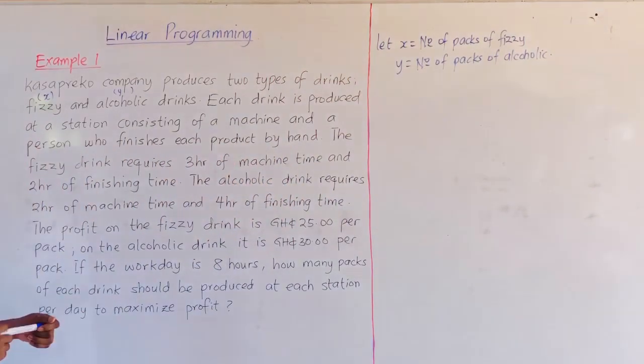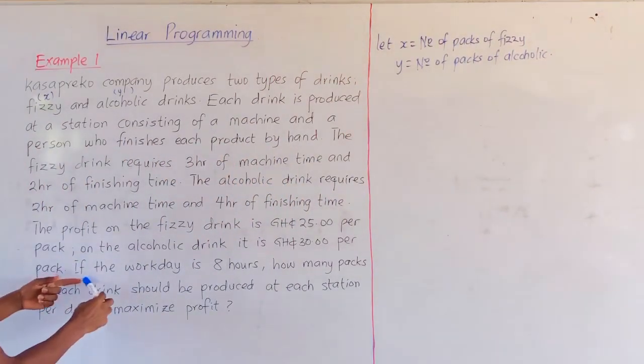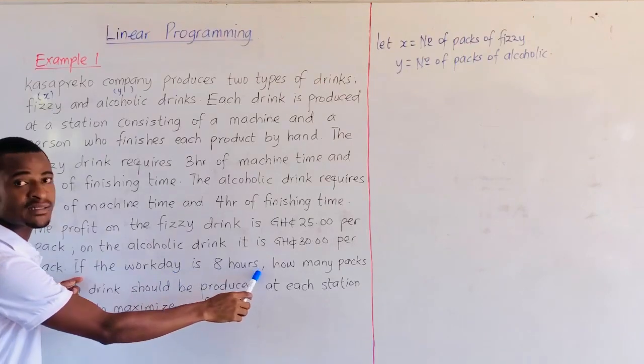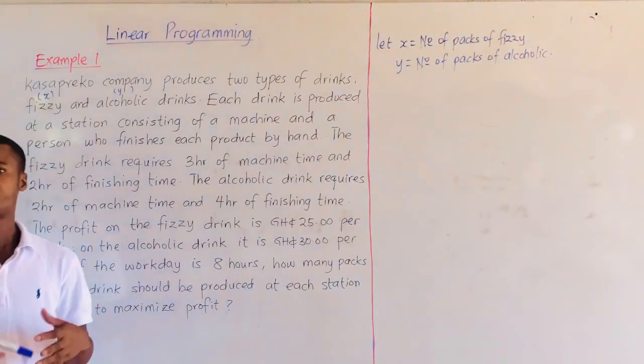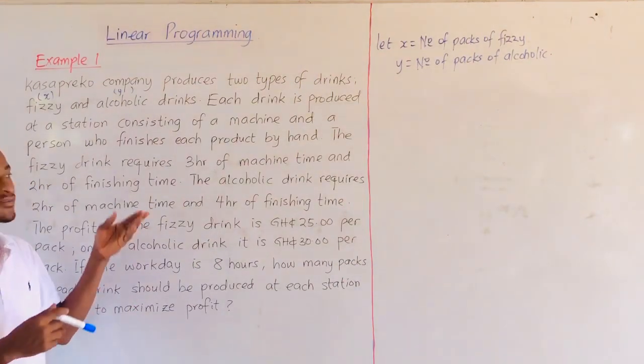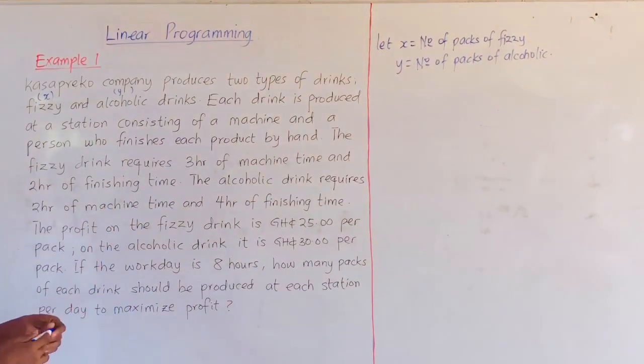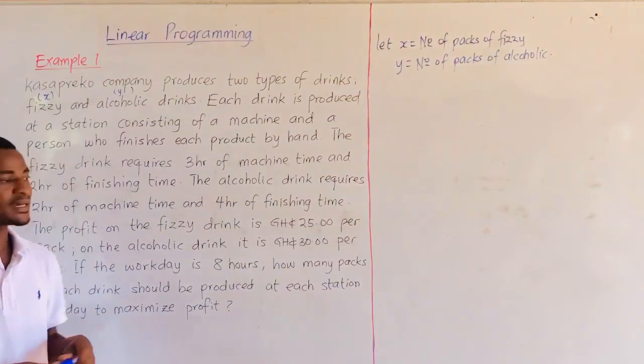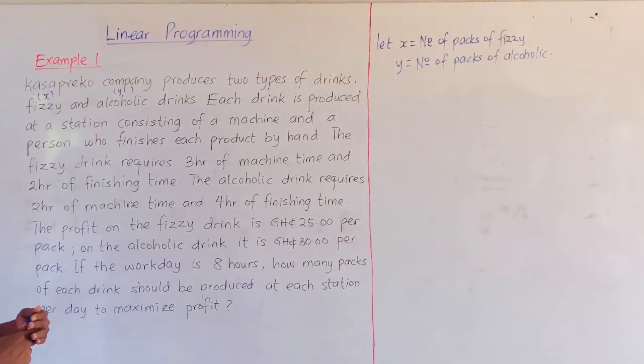Then we are told that the work day is 8 hours, which means that every day there is a maximum of 8 hours. And we have said before this lesson that maximum means less than or equal to.